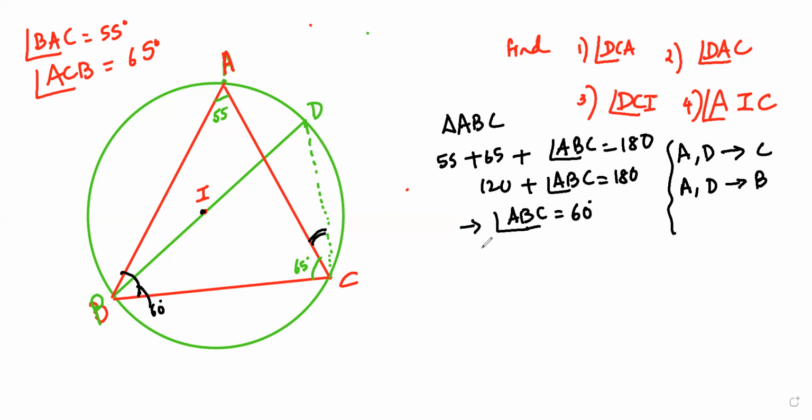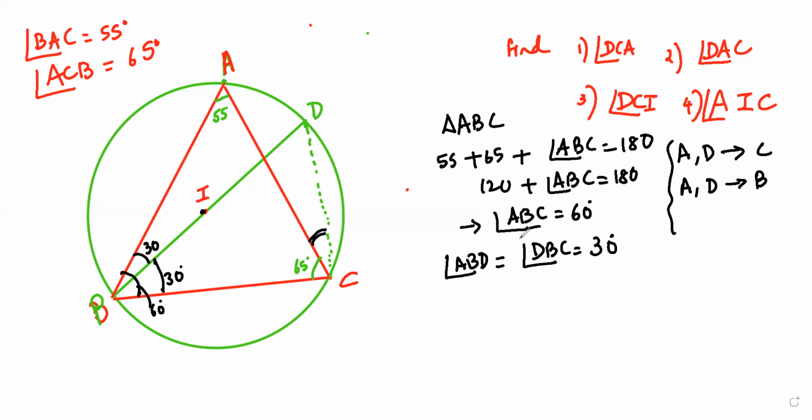So if you observe here, I can say that angle ABD will be equal to angle DBC, which is 60 by 2, which is 30 degrees, because I is the point of intersection of the angular bisectors. So I'm marking it out here, and this will be the other 30. Now look back.